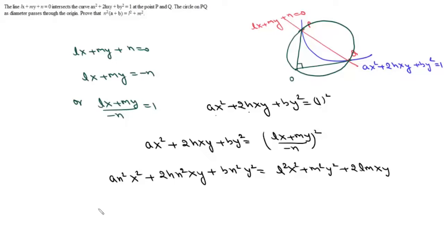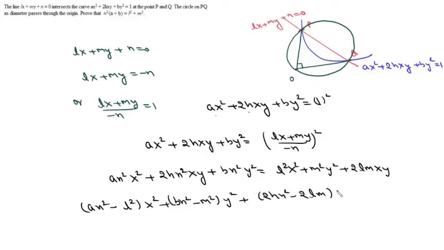Now we can write this equation as (an² - L²)x² + (bn² - m²)y² + (2hn² - 2lm)xy = 0. Now we know that a pair of straight lines are perpendicular if the sum of coefficients of x² and y² is 0.